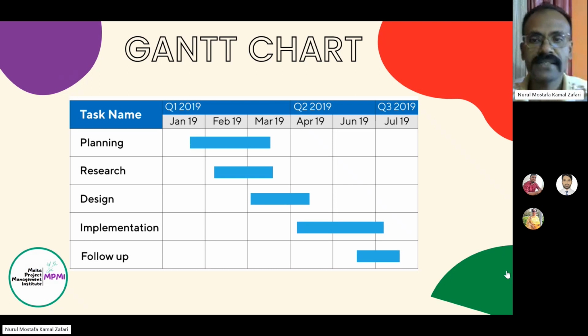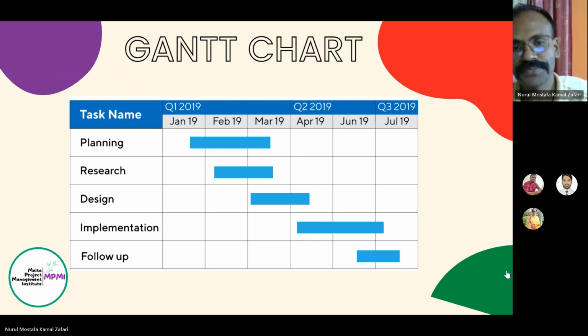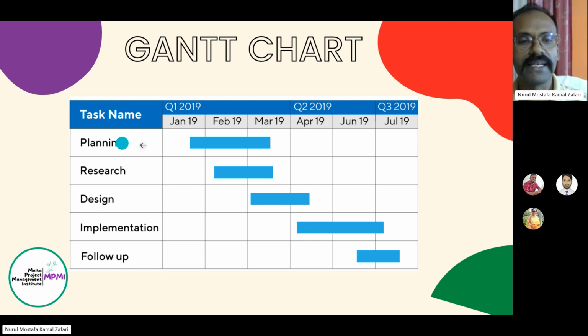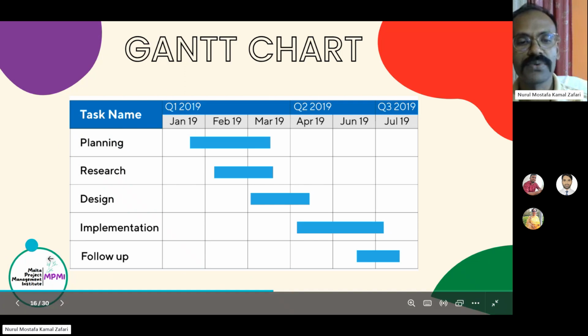Then the famous Gantt chart. The Gantt chart is to show the timeline of a project. For Gantt charting, you can use online Gantt charting tools or software, or you can simply make your own Gantt chart using a simple table. For example, in this project, there are 5 activities: planning, research, design, implementation, and follow-up.